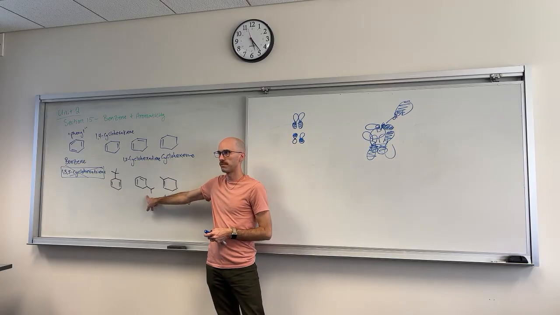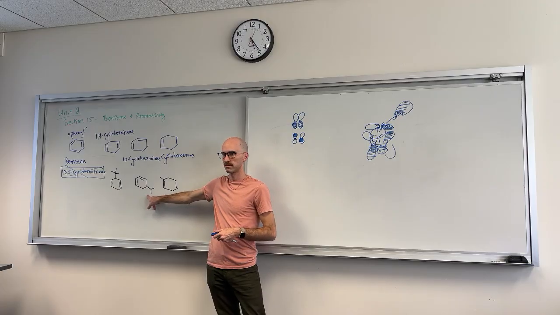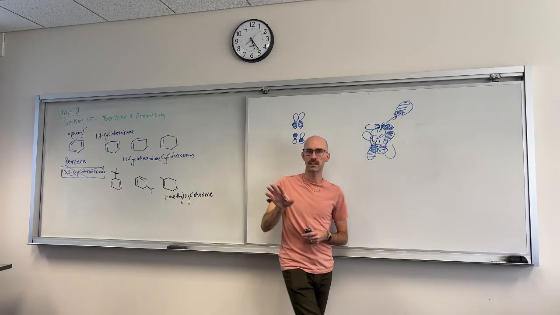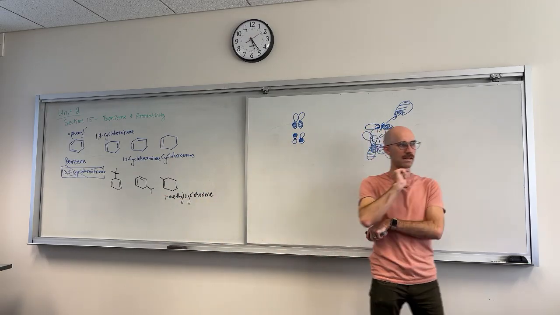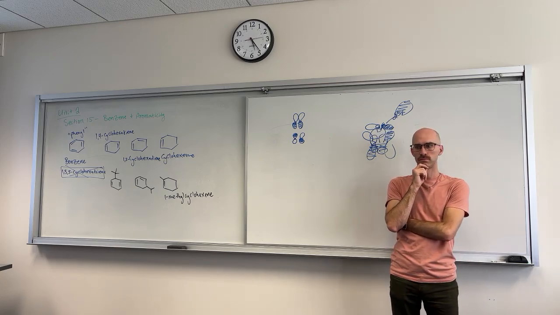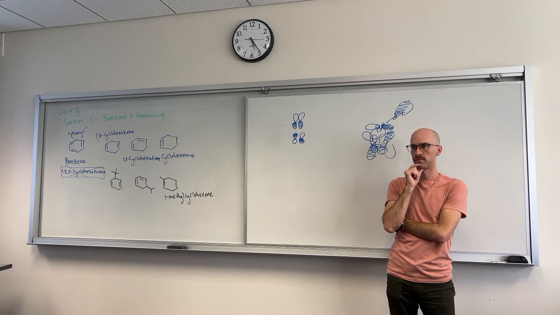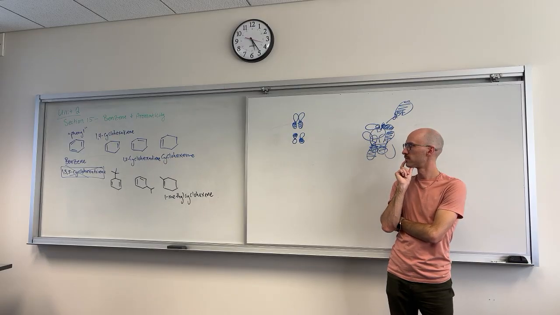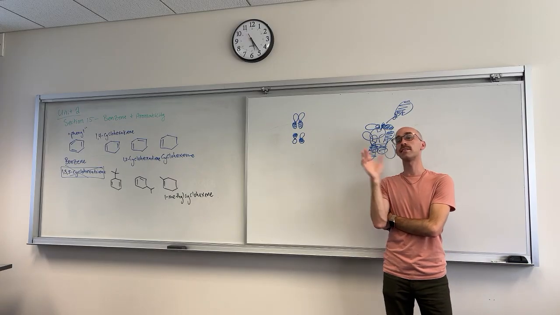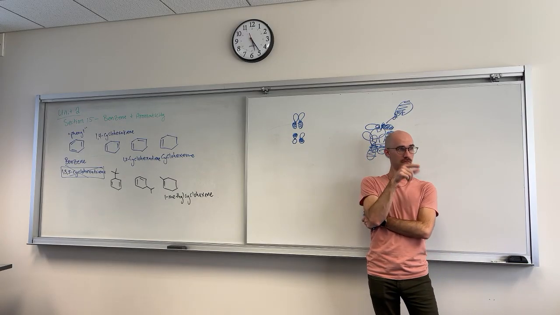Can you name this structure? I want you guys to think about it for a little bit more before you answer. What is the name of that substituent, first of all?